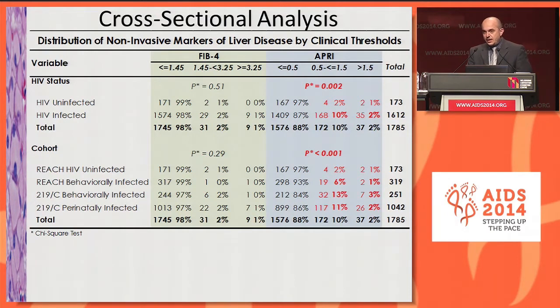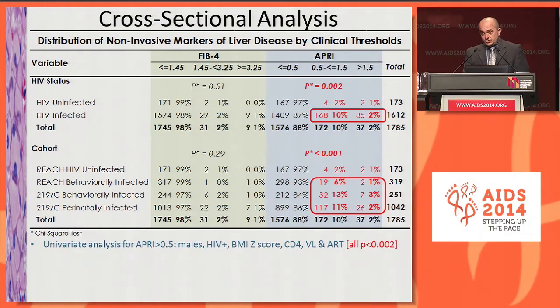However, for the APRI, you will note that there were statistically significantly more HIV-infected youth who had an APRI greater than 0.5, which is suggestive of potential mild to moderate fibrosis or worse liver disease. And that was also similar if you split them up by subcohort. I should note that that's comparable to the limited pediatric studies that are out there.